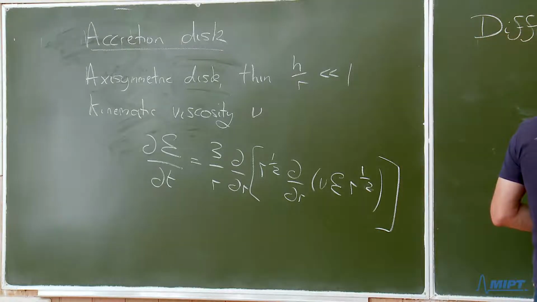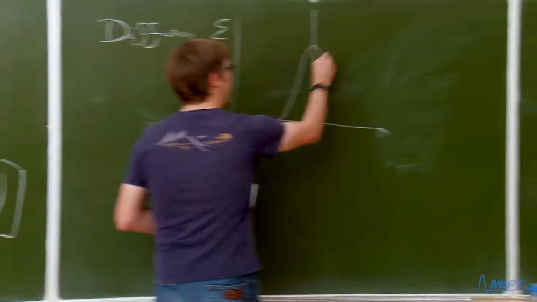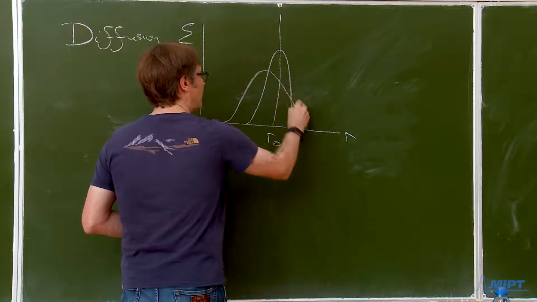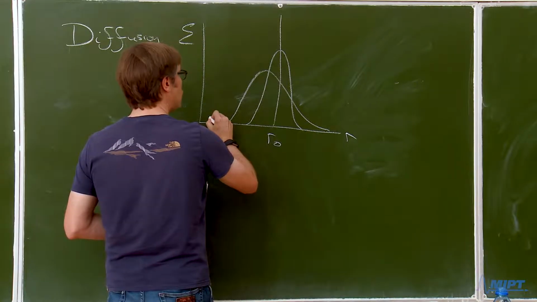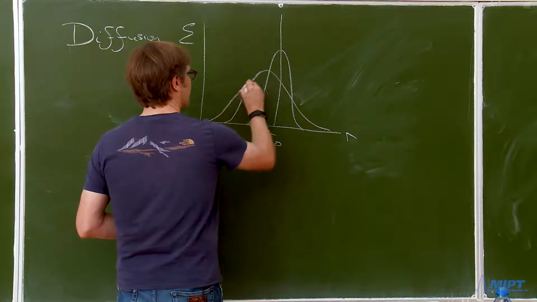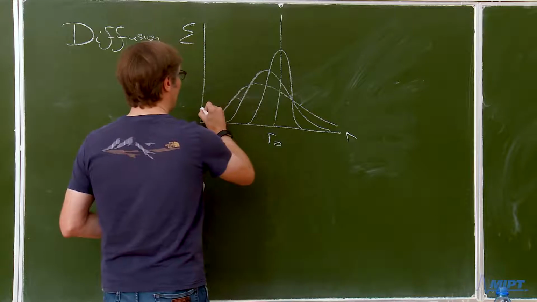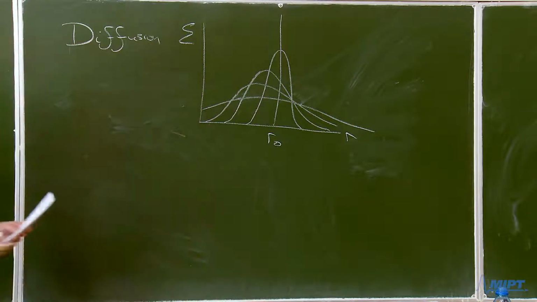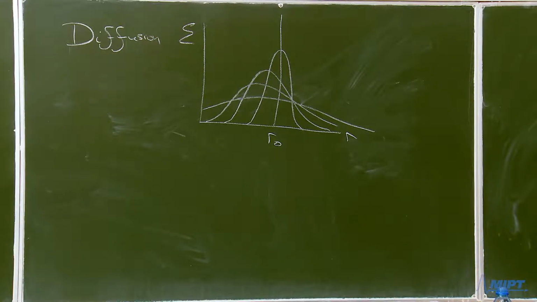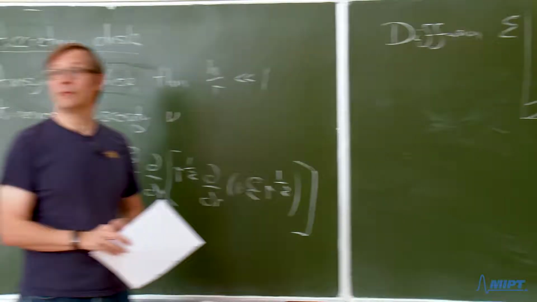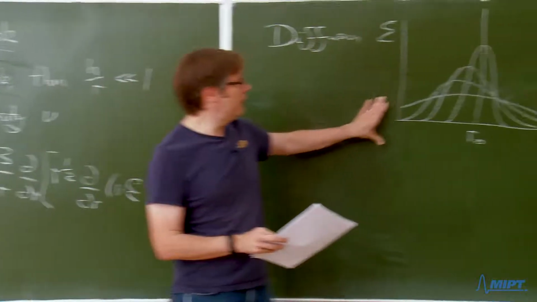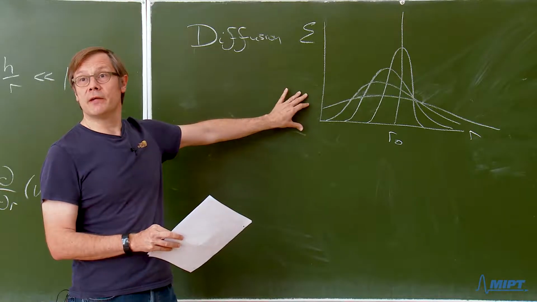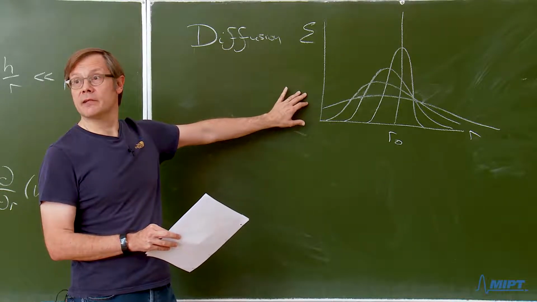So what happens then is that the material spreads out under the action of the viscosity, and the solution has the form that the material moves closer to the star as time progresses, but then a tail of material moves to larger distances to conserve the overall angular momentum in the flow. Okay, so this is the Lynden-Bell and Pringle similarity Green's function solution for the evolution of a thin ring in a viscous disk.